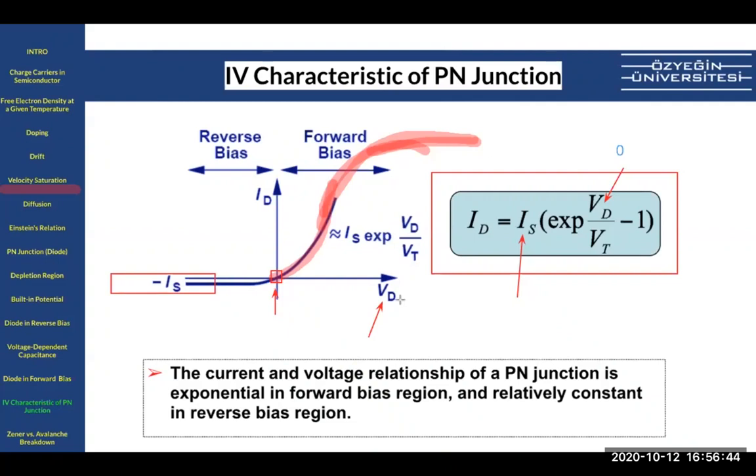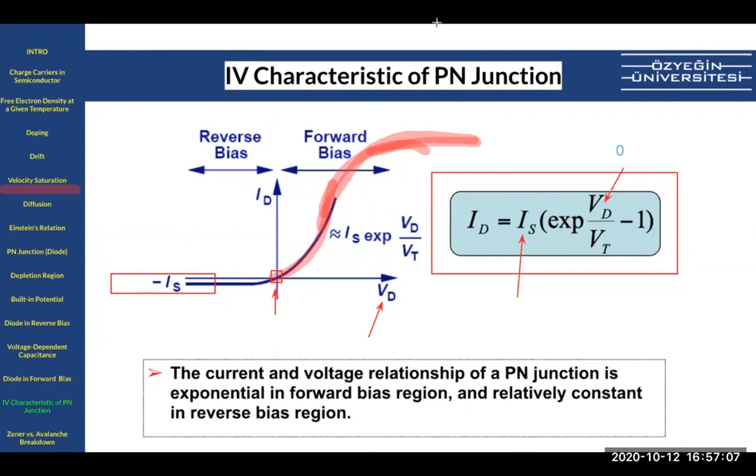Because when we increase the reverse bias voltage, the depletion region gets much larger, and the electric field gets bigger and bigger. So that's why we have the saturation current eventually there.